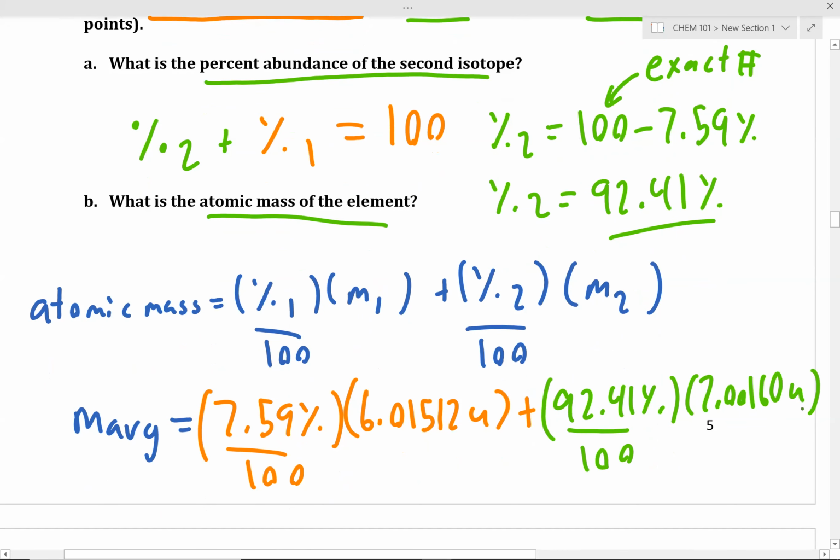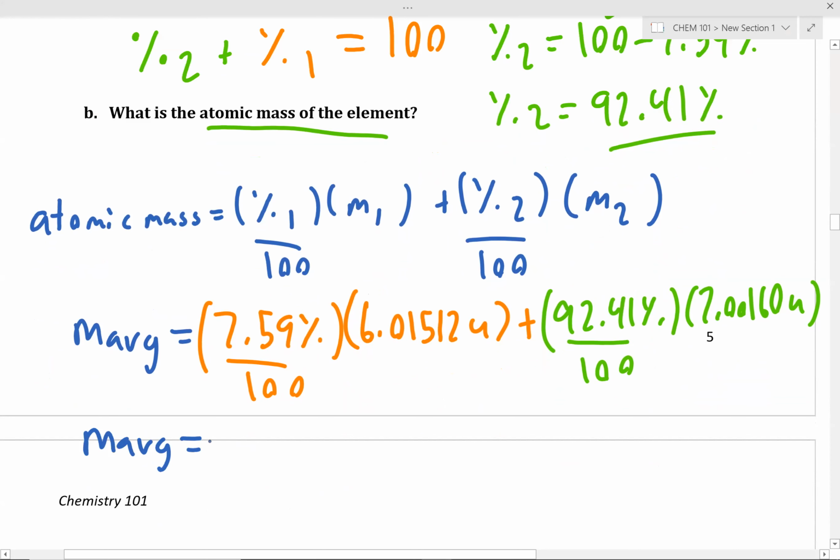Okay, so all we have to do now is punch this into our calculator, and that will give us the average atomic mass. Okay, let's punch this in. So we have 7.59 divided by 100 times 6.01512 plus 92.41.